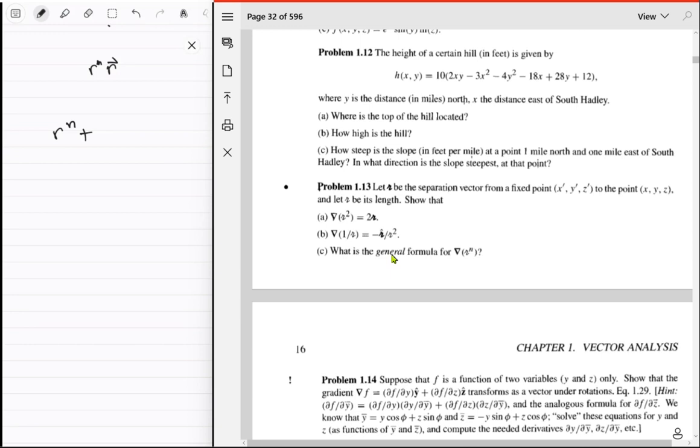So you've got x r power n. For the x, you just get r power n, then you get n r power n minus 1 times x. I guess this is going correctly. We've got dr upon dx, partial r partial x, which is x squared upon r. So that's just r power n plus n r power n minus 2, then you've got x squared.